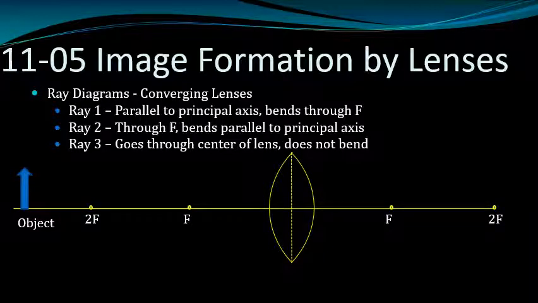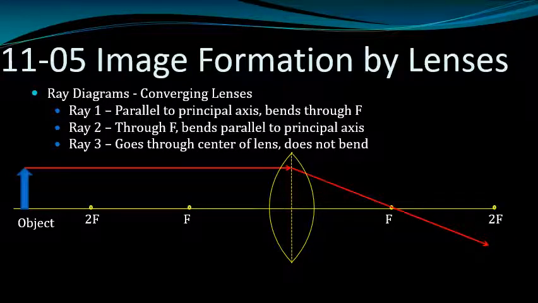Now, technically, light is coming from all points on the object. We are just going to use the tip of the object. Ray 1 goes from the tip of the object to the lens parallel to the principal axis. After it goes through the lens, it bends through the focal point. So that's ray 1.